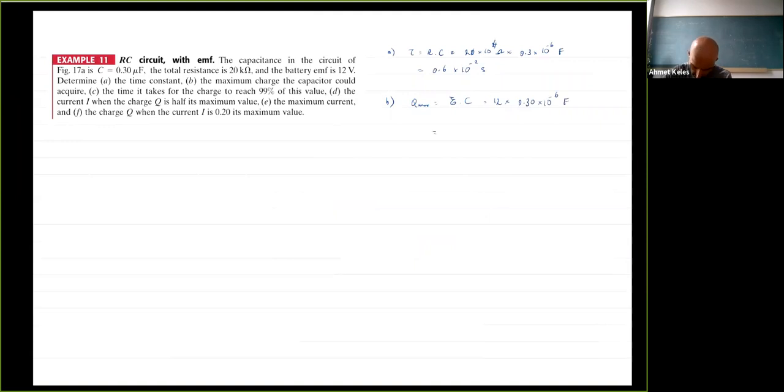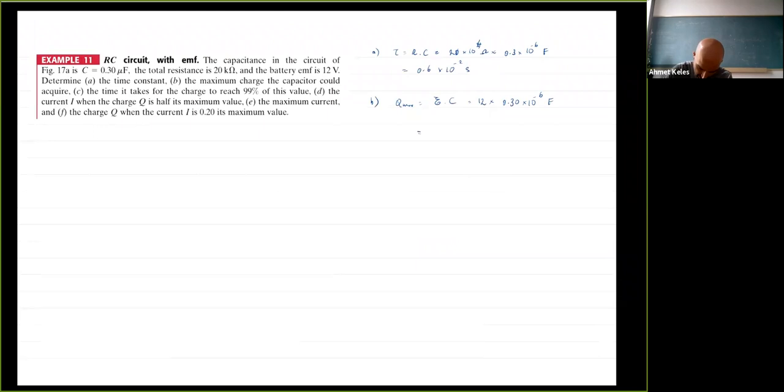This is equal to 3.6 times 10 to the minus 6 coulomb.